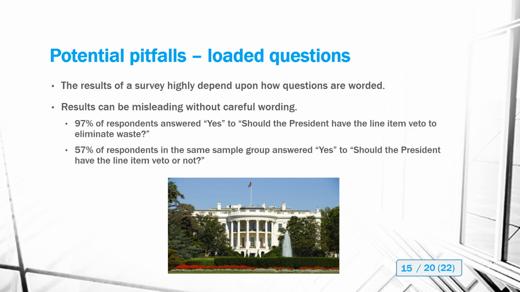Whereas with the second wording, the second option provides the participants with a choice, and the participant can choose one or the other. So the number of affirmative responses goes down when people have a choice. So how you word the question can make a really big difference as to the results you get from a survey.